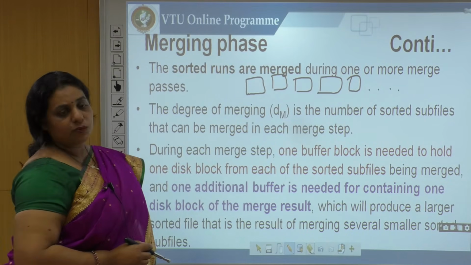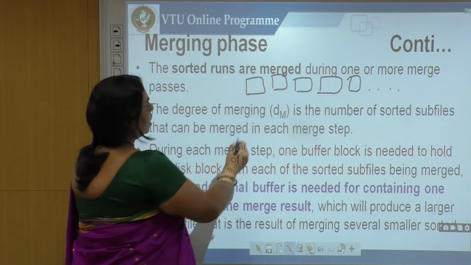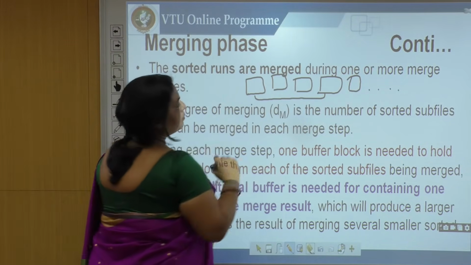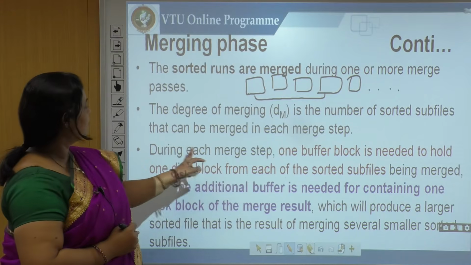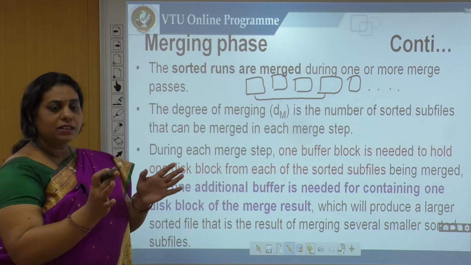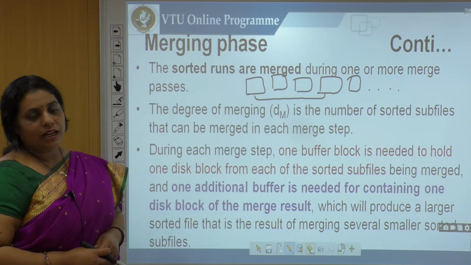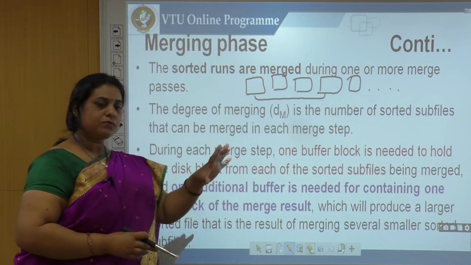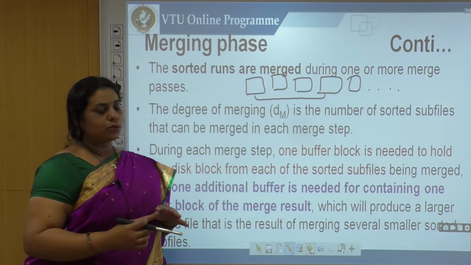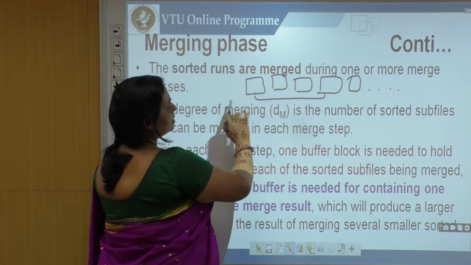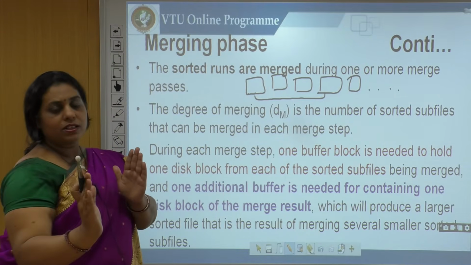What the degree of merge asks is, at a given time, how many files I am capable of merging. It is the number of sorted subfiles that can be merged in a single merge step. That is decided by the buffer size available, because to merge I need to take these subfiles to the main memory, merge them and store the result.